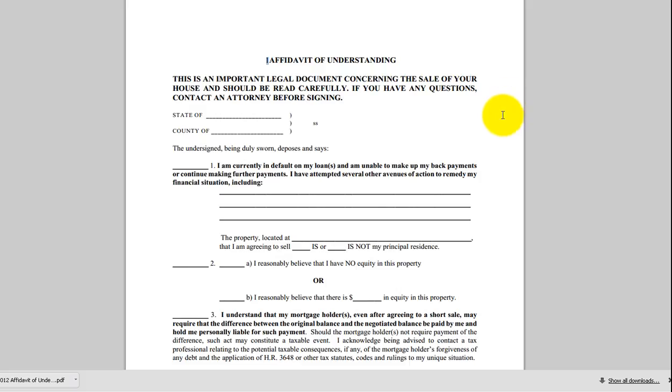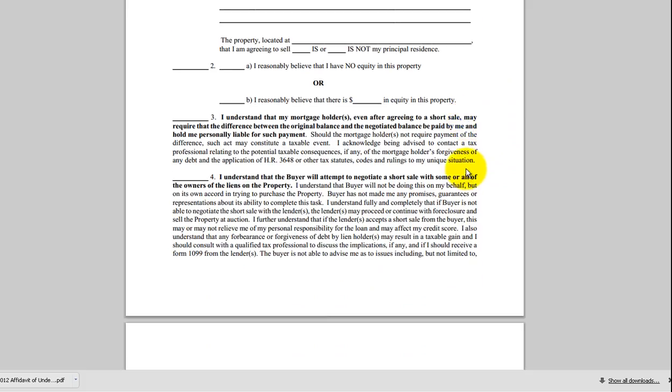All right, let's move down a little bit. Here in section 3, it says they understand that their mortgage holders, even after agreement to a short sale, may require that the difference between the original balances and the negotiated balances be paid and hold me personally liable for such payment.